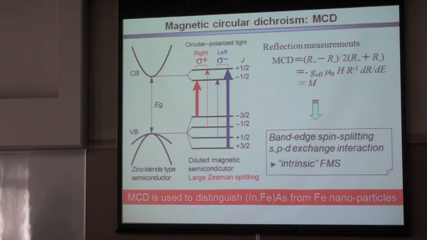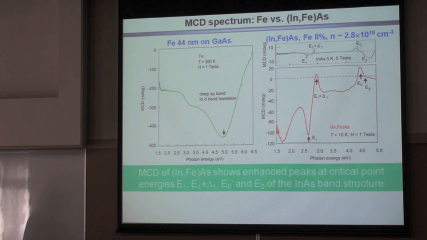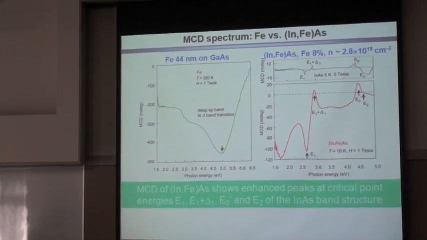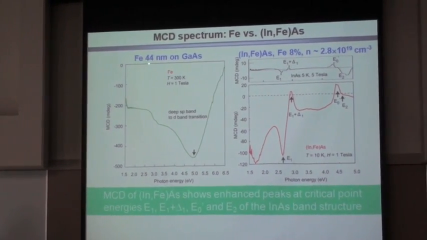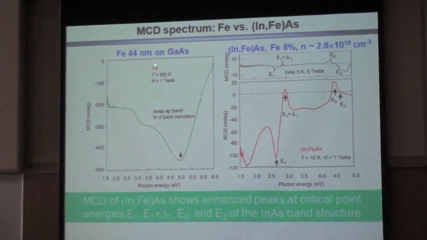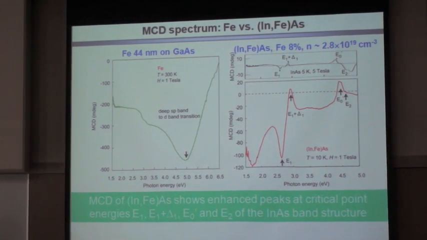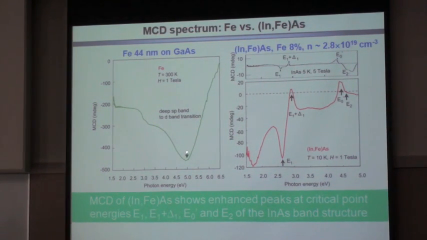So this is a very powerful method. And we have grown 2 reference samples to compare. And this is iron epitaxial thin film grown on gallium arsenide, which showed a very broad and intense MCD peak.